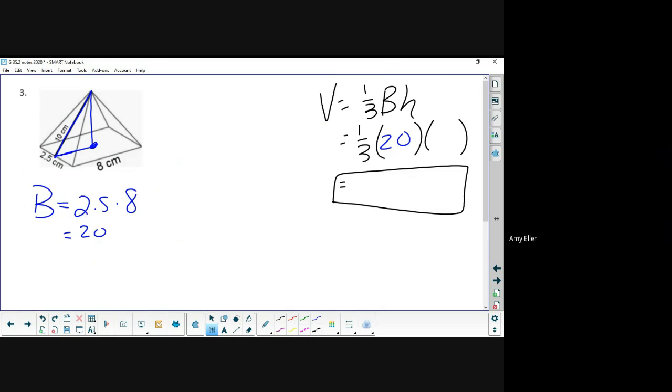How big is this piece right here? 4. The whole thing is 8, but we're only going to the center. So 4. I'll label my height. Go ahead and do the Pythagorean here.